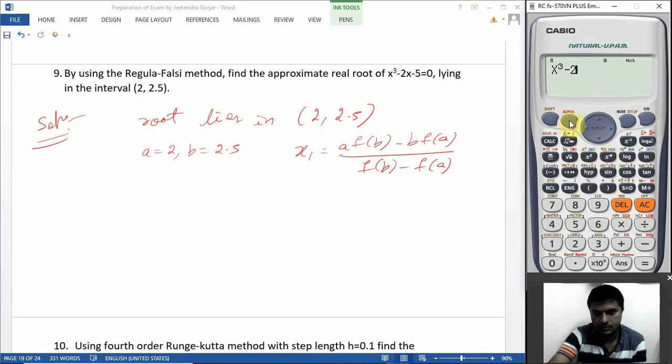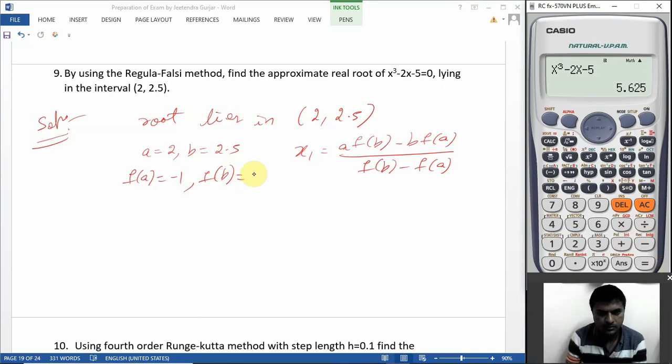Again take a and b. a is equal to 2.0754, b is equal to 2.5. Substitute in the formula. So just put here equal to. You will get 2.0754 equal to. So the answer is there in your calculator on the right hand side.